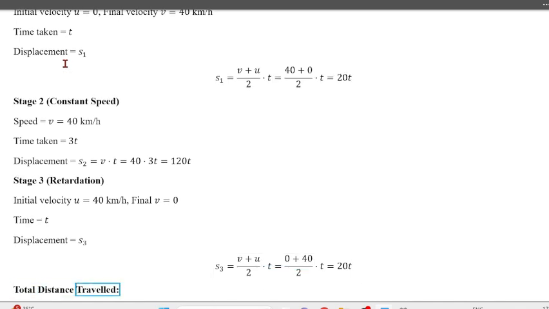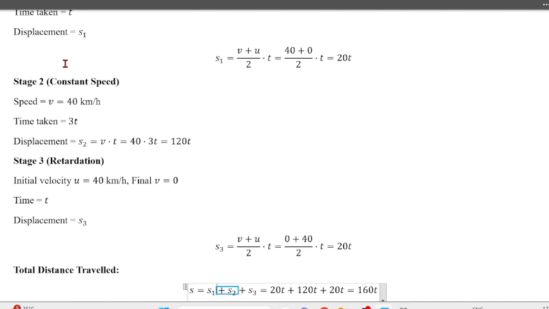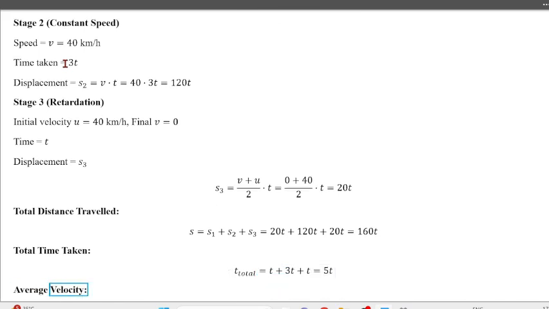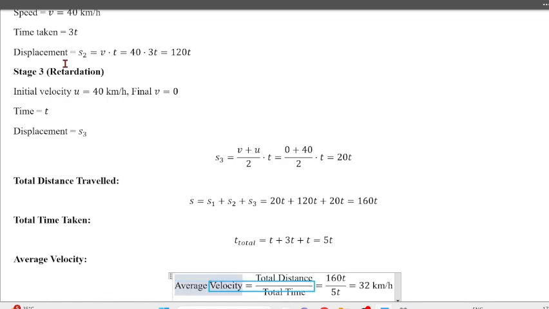Total distance traveled equals s1 plus s2 plus s3, equals 20t plus 120t plus 20t, equals 160t. Total time taken equals t plus 3t plus t, equals 5t. Average velocity equals total distance over total time, equals 160t over 5t, equals 32 km per hour.